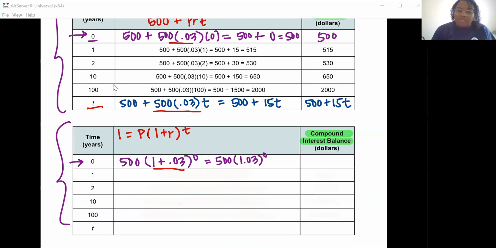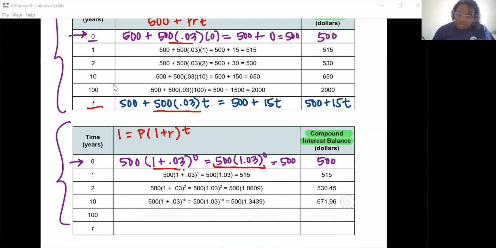I know that anything raised to the power of 0 is 1. So that means this math problem here is really just 500 times 1, and that equals 500. Again, that makes sense since that is my initial value when time is equal to 0. We're going to do that exact same arithmetic for each of these rows here. So we have when time is equal to 1, when time is equal to 2, 10, 100.